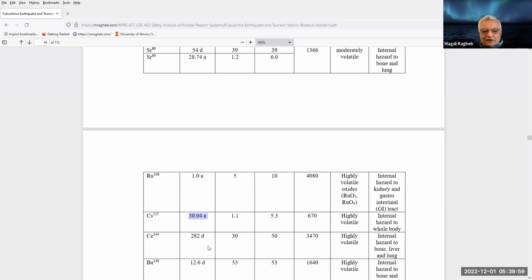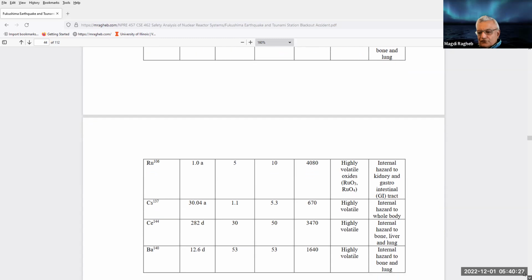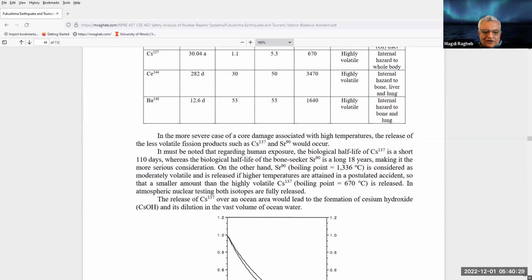But we know that cesium-137 is like potassium in the periodic table of the elements. So it has a biological half-life. The body, the kidneys are filters in our body. The liver eliminates. So really the main concern on a short term is the iodine isotopes that seek the thyroid gland, and the strontium-90 that deposits itself in the bones for a long term, for a lifetime, as a matter of fact.